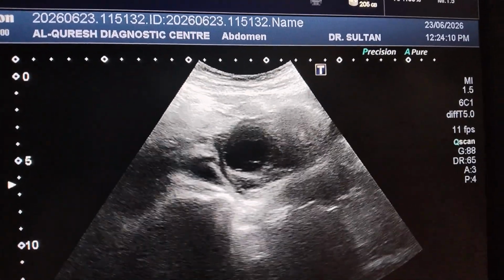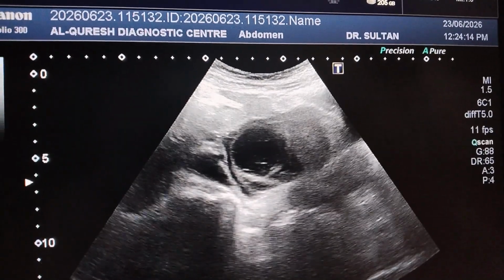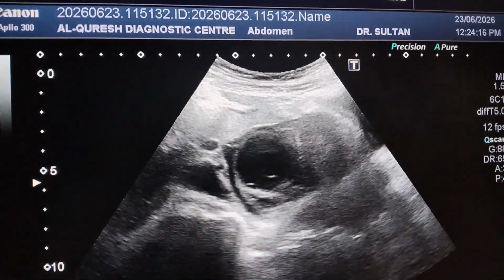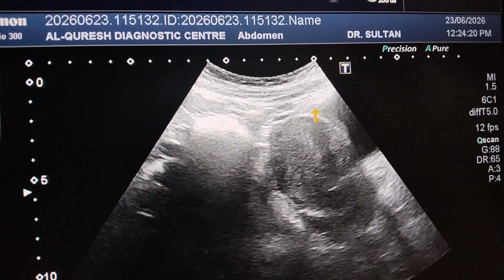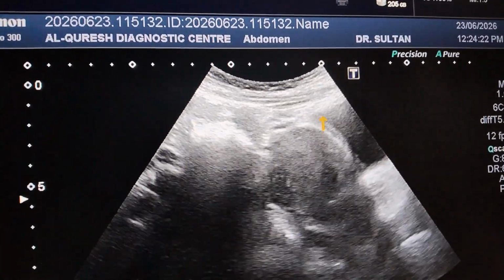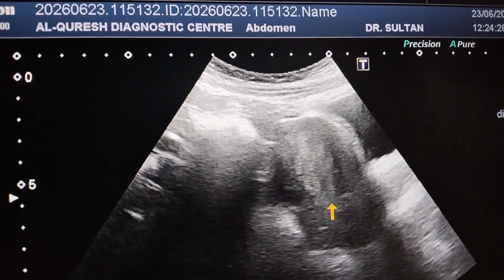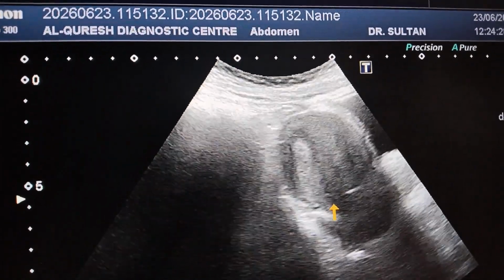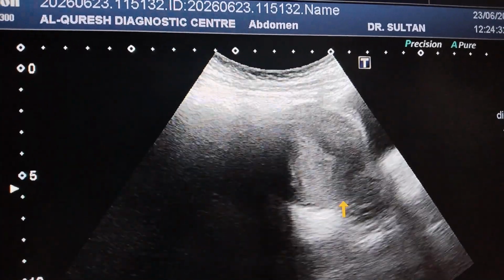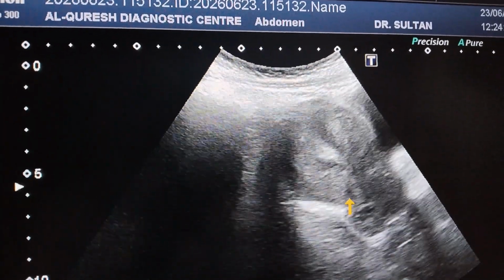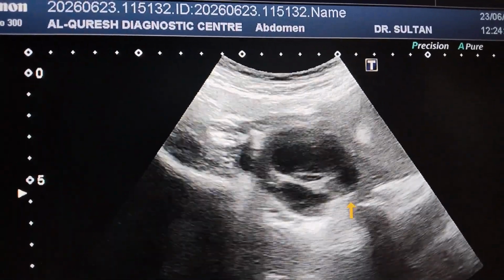Here, this is another patient, a female patient with a history of pelvic pain. Whenever we are going to scan the pelvic region for some gynae problem, we should first scan the uterus and then we scan the adnexal region.